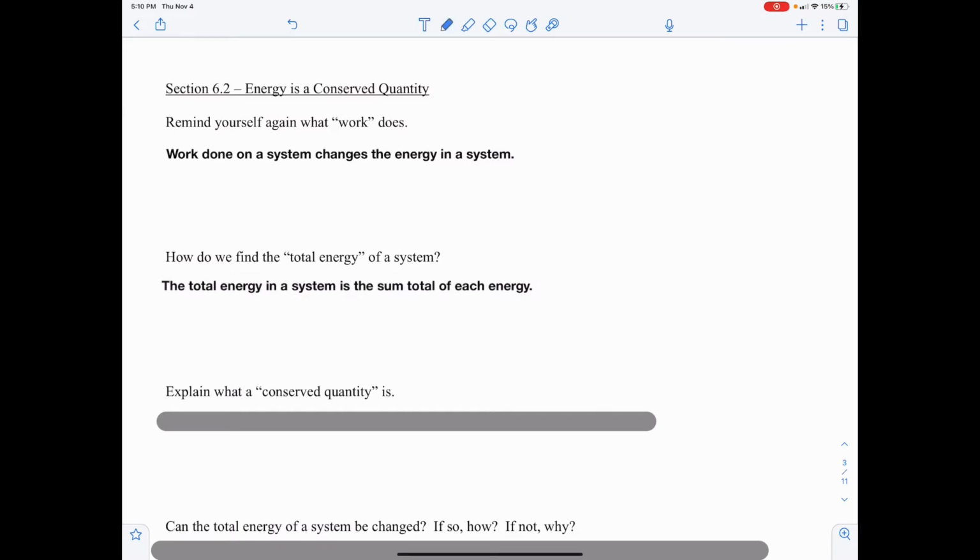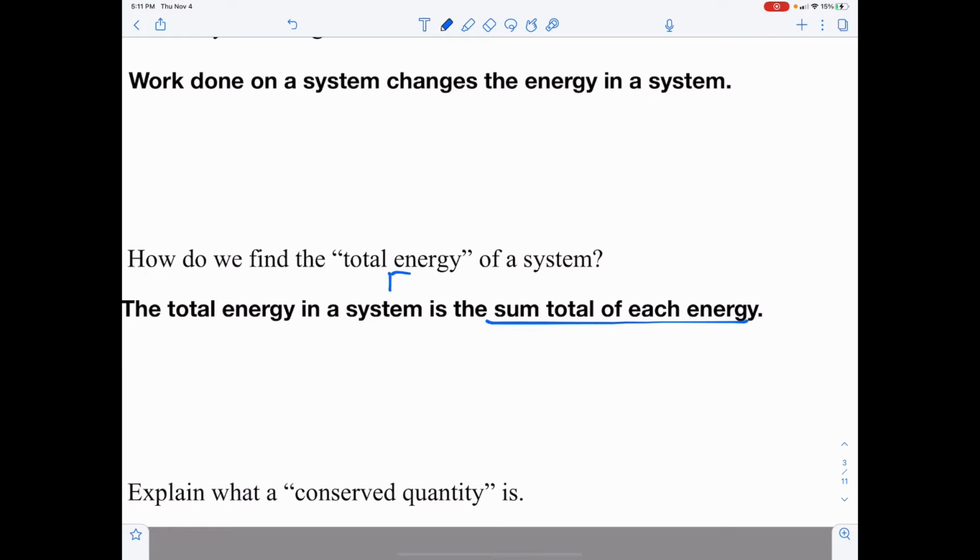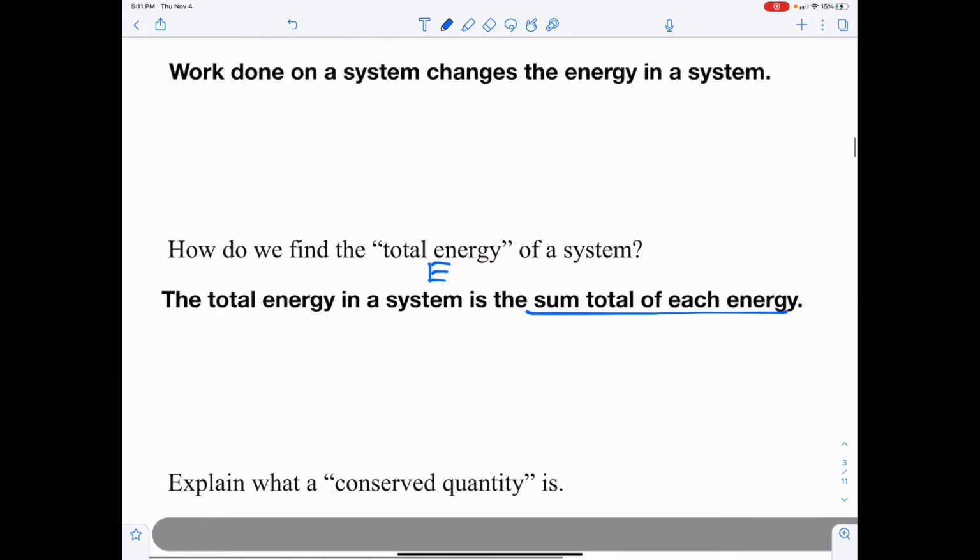Total energy is the sum of each of the energies. So total energy is a capital E, and we would write this total energy as K plus U_G, that's gravitational potential energy, plus U_S, that's spring potential energy, plus U_int, which is internal energy.